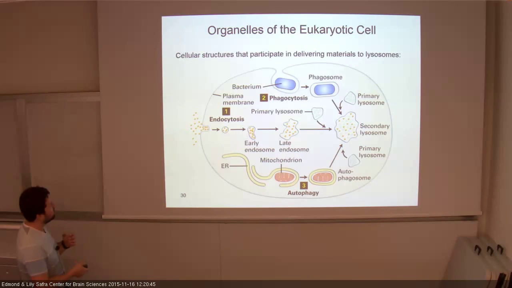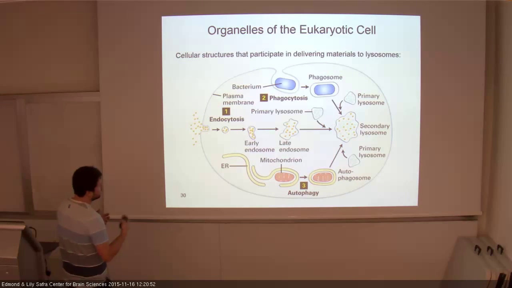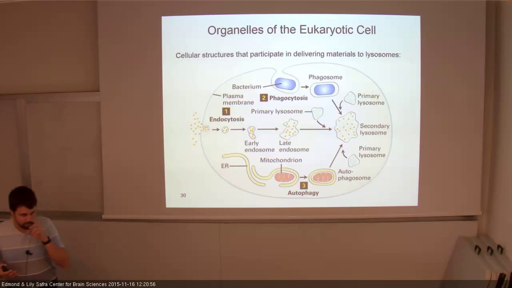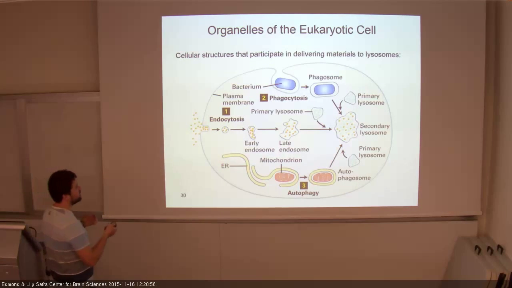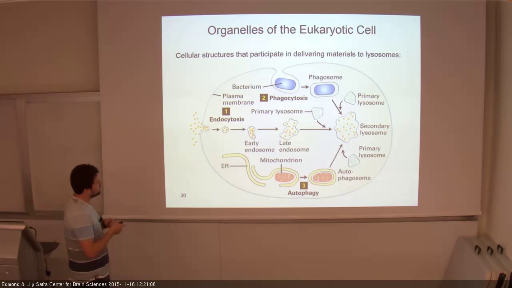In general, this is the phagosome, which, like I said before, is mostly common in the immune system, where immune cells catch foreign intruders or bacteria, encapsulate them, and then degrade them.